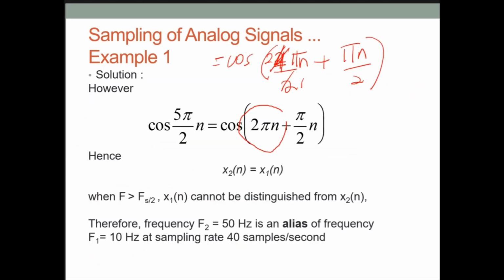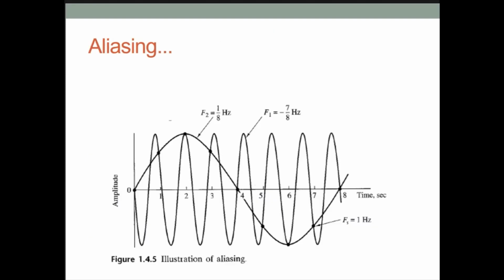So basically, aliasing can give you different signals. This is an example of aliasing.